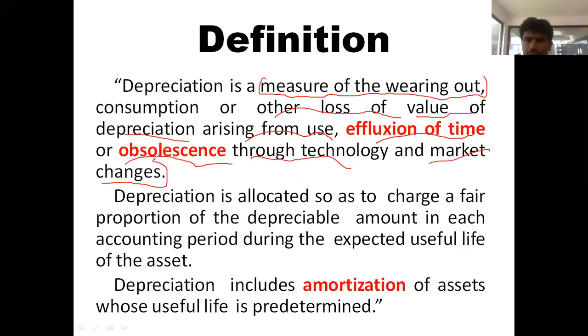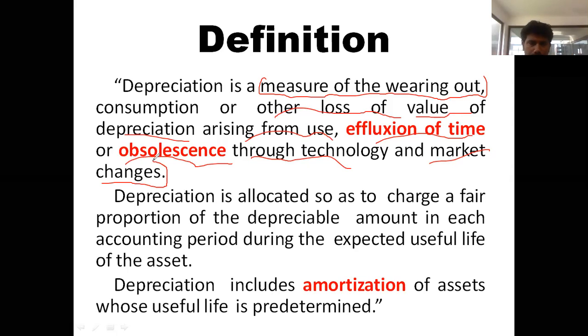Effluxion means the expiration of time, and obsolescence means becoming outdated through technology and market changes. As these things take place, the value of the product or the goods is going to decrease.